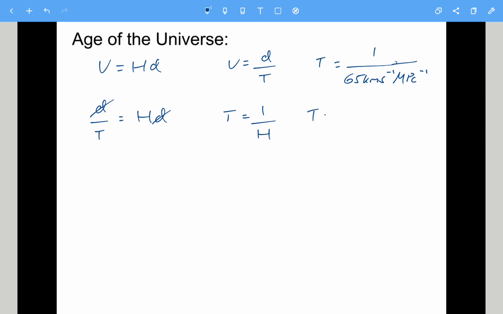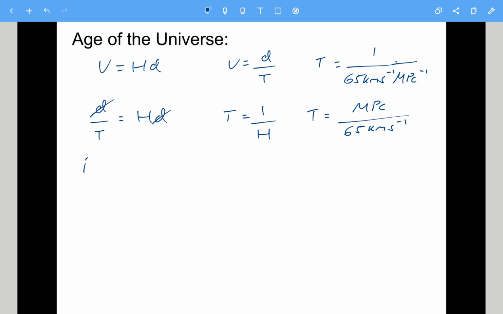So the age of the universe is going to be equal to a megaparsec divided by 65 kilometers per second. So what we want to do is to get that into seconds. So we need to know either how many kilometers are in a megaparsec or how many meters.